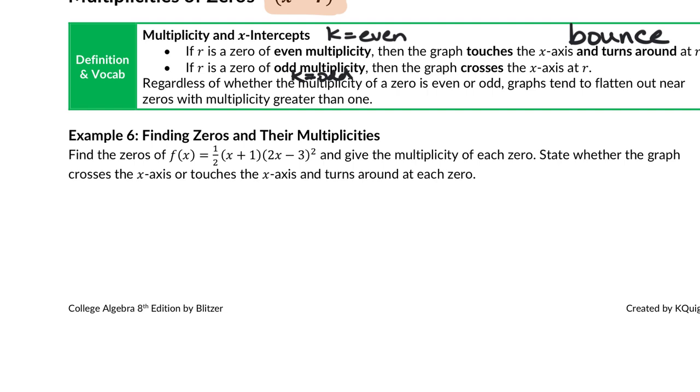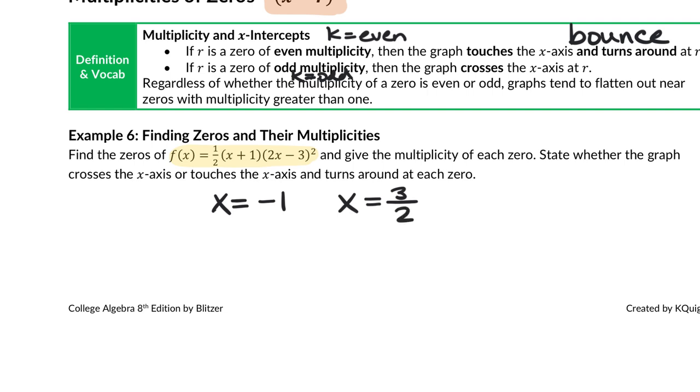of each 0. If this is the function that I'm given and I factored it and it looks like this, first of all, what are the zeros that solve this question? -1 and what else? 3/2, because you change the sign of 3, divide by 2.